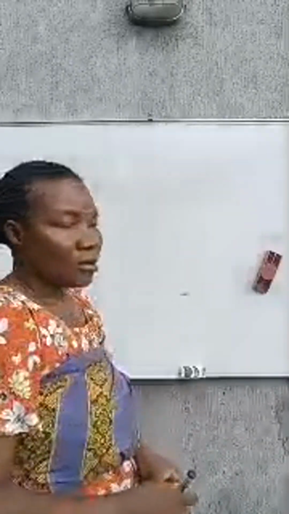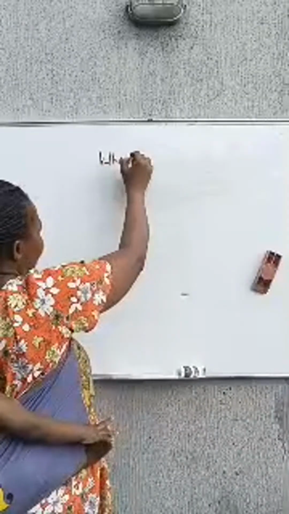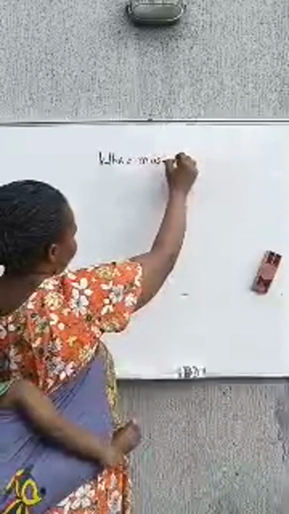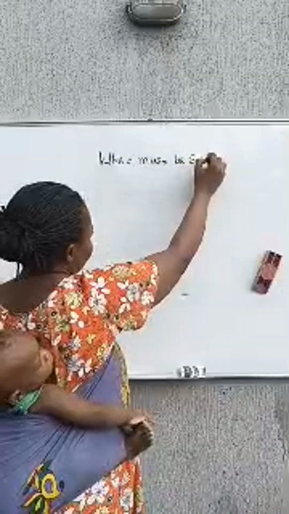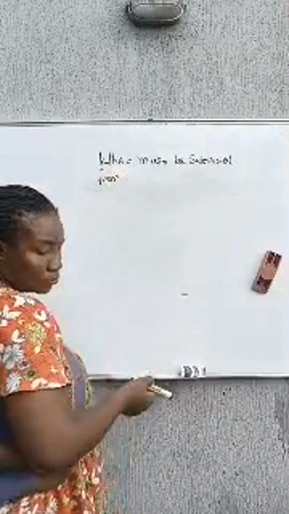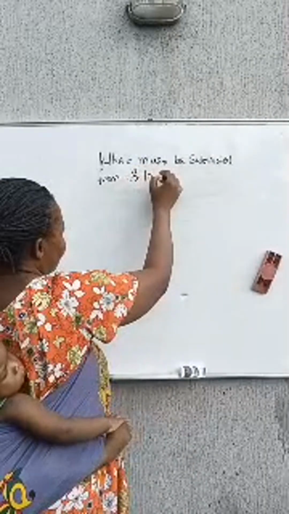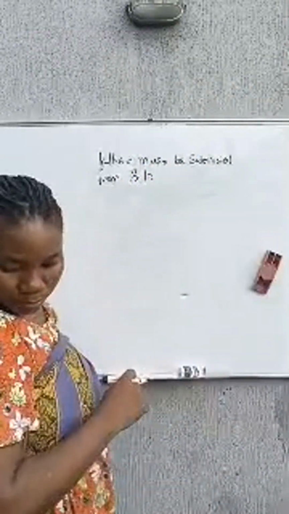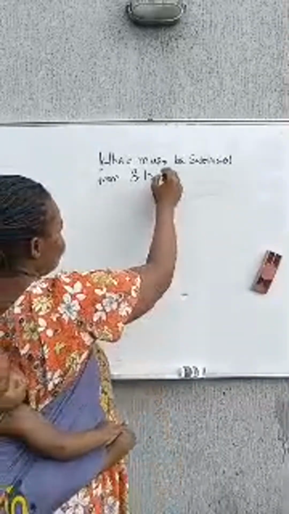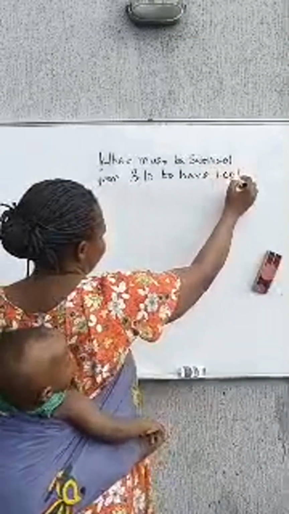So the next question says, what must be subtracted from 3.10 to have 1.001?